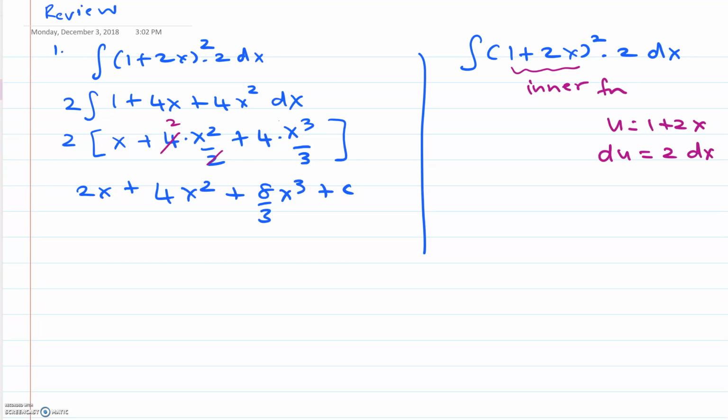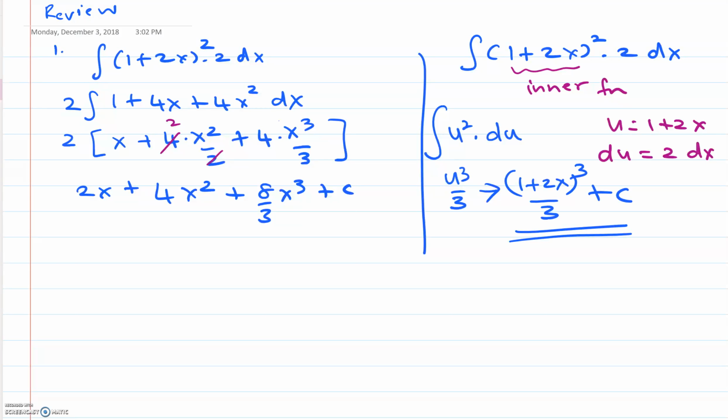So rewriting the integral, (1 + 2x) squared will become u squared. 2 dx is becoming du. So we have u cubed by 3, which will become (1 + 2x) the whole cubed over 3 + c. This will be the final answer. Of course, if you expand it, you will get this answer.